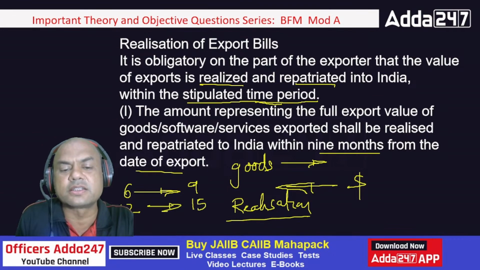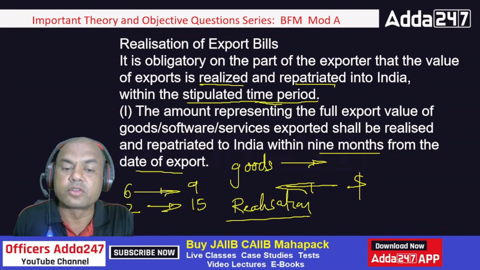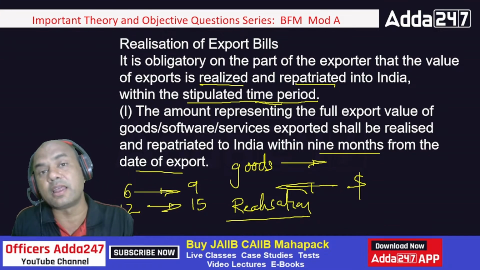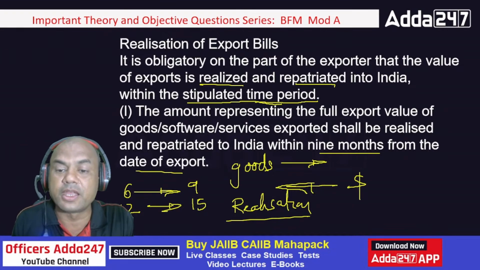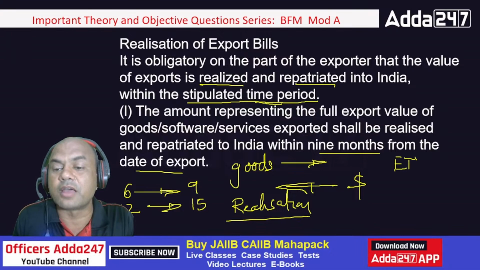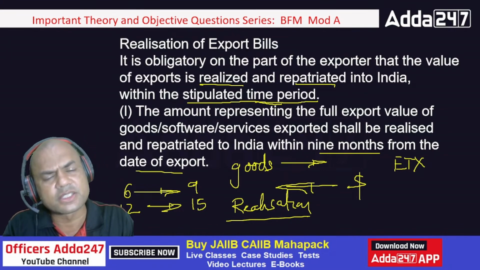Everything has increased by 3 months. 6 went to 9, 12 went to 15. So if some money doesn't come up to 15 months, then the customer has to submit an ETX form, the extension form, saying that I have not been able to receive the money, kindly grant me the permission. So this is a separate part.